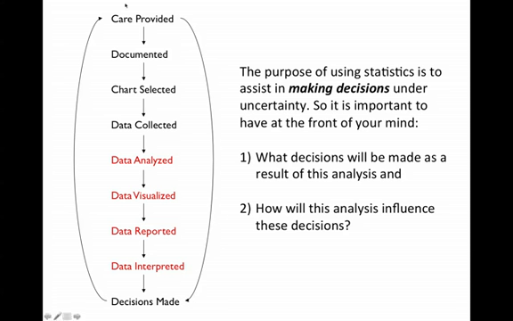It's hard to know exactly how the care is being provided, the quality of the care being provided, and we need to do the best job possible to make sure that the decisions we're making are impacting the care provided positively. So it's really important to always keep in front of your mind when you're doing analysis, when you're visualizing the data, one, what decisions will be made as a result of this analysis, and two, how will this analysis influence these decisions?